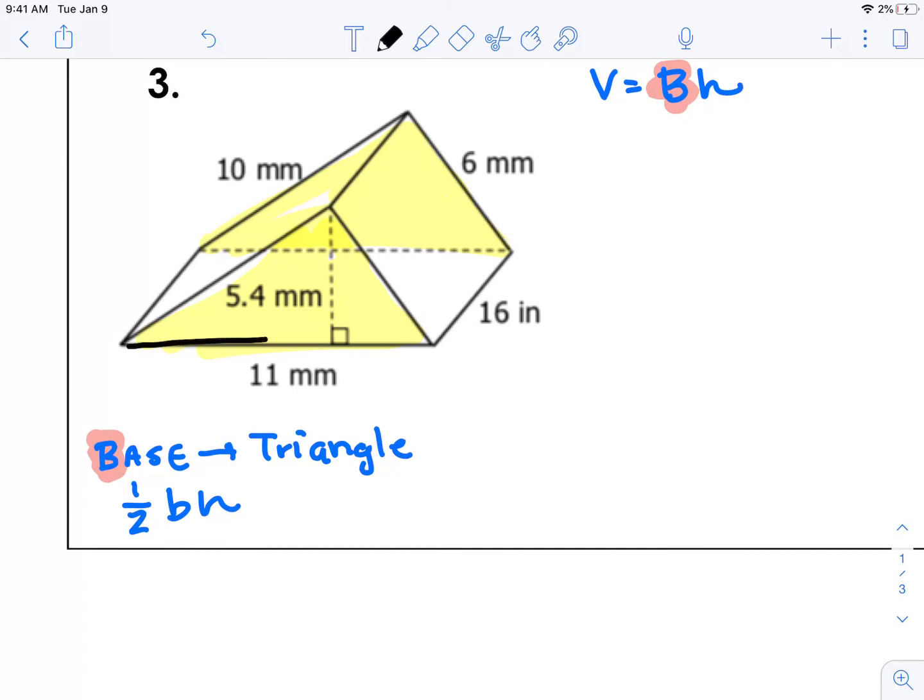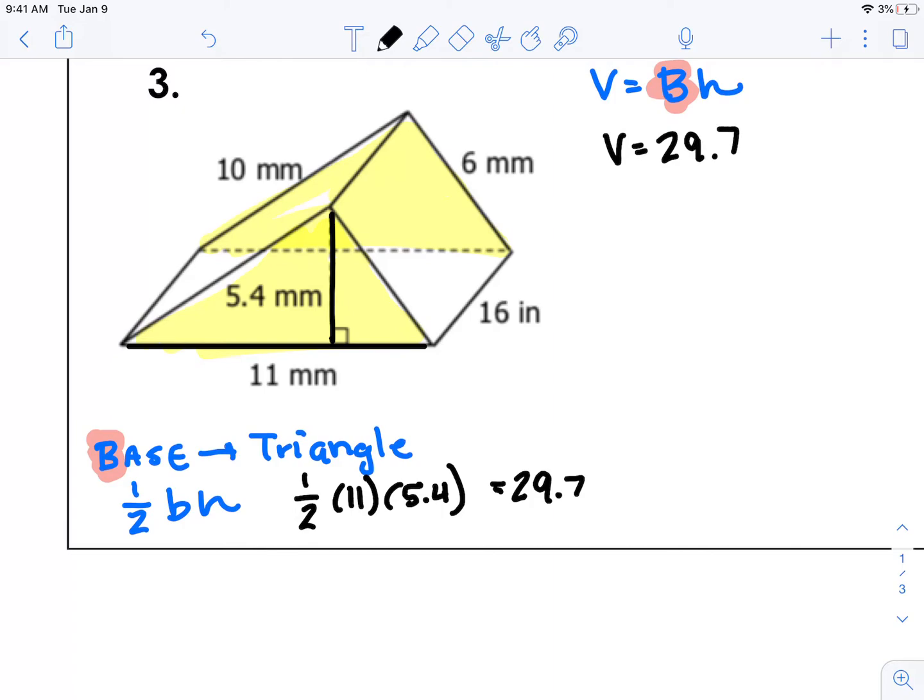The base is 11, so 1/2 times 11, and the height is 5.4. Plug that in, and I get 29.7.